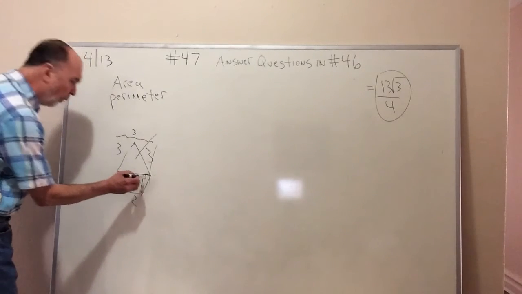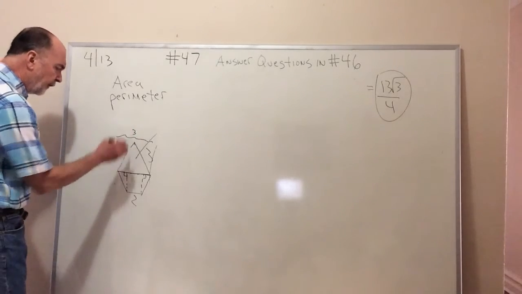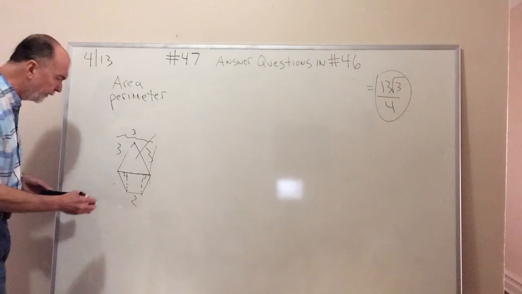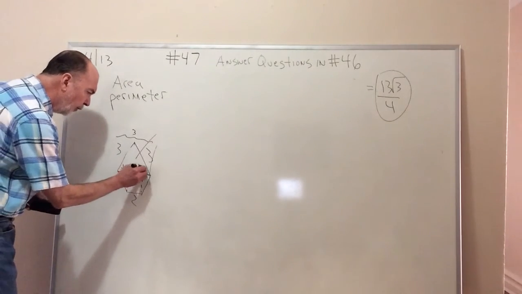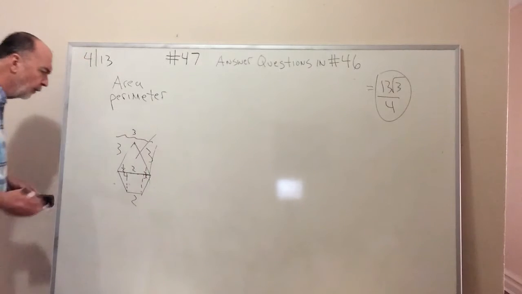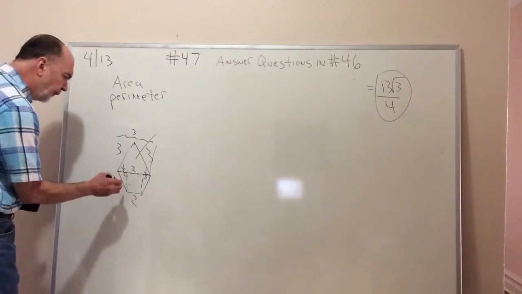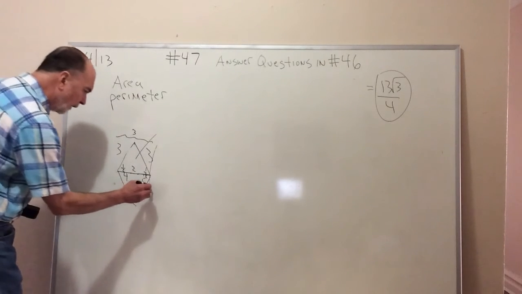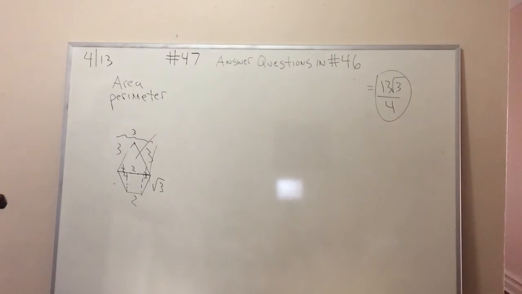So I'll just figure out one side, and I should be in great shape. If this is 3 and this is 2, and there's perfect symmetry in the figure, then 1/2 plus 2 plus 1/2 equals 3. We have the number down correctly. So I have two sides, and this side over here is radical 3. We already figured out the height.